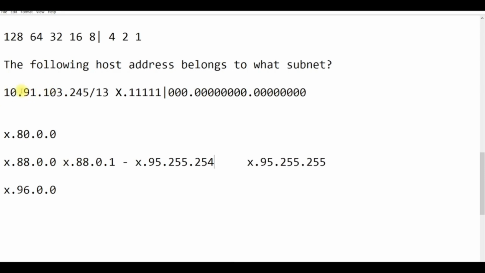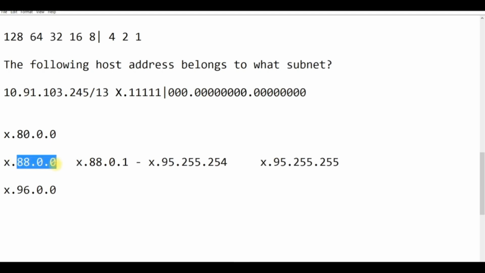So we know that 91.103.244 must fall in this range because here you look at the second octet, 91, it goes all the way up to 95. 103, it goes to 255. 244 goes up to 254. All right, so we have found the subnet that this particular address falls in. It falls on the 88.0.0 subnet.